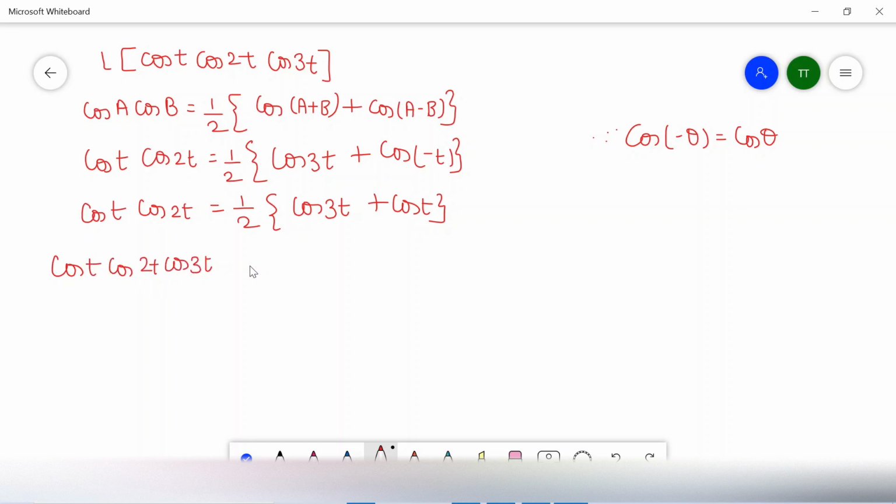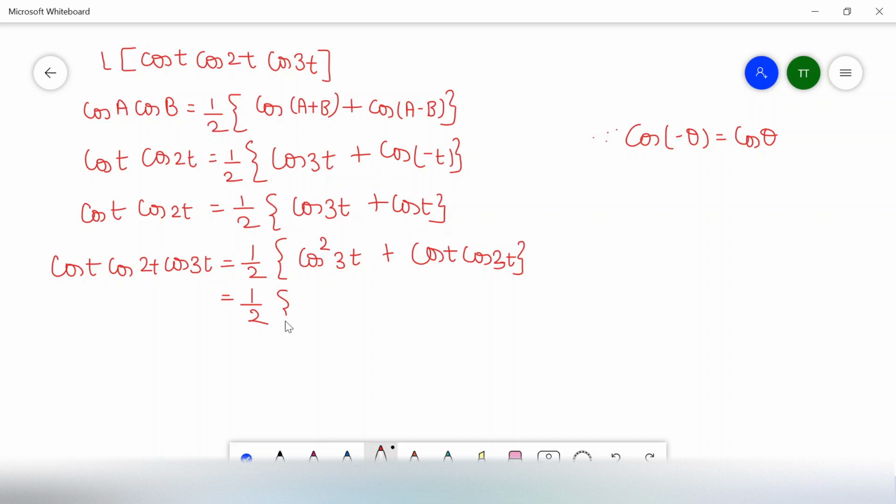So we multiply by cos 3t on both sides. It will become cos square 3t, and this will again be cos t cos 3t. So again we have to convert these two terms, cos t and cos 3t, into addition form. Half of cos square theta.